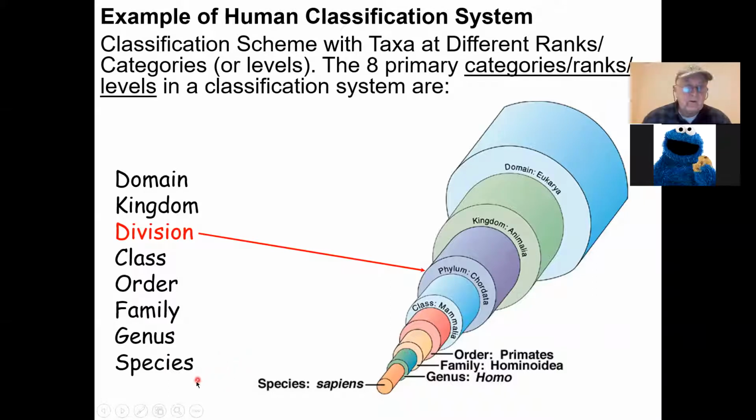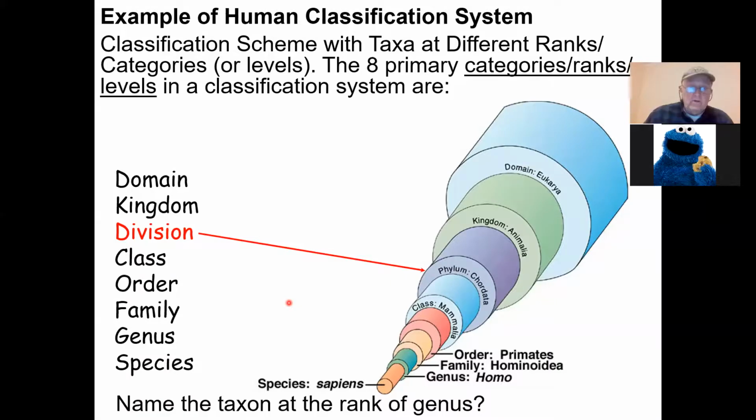You can define subspecies and varieties. But these are the primary 8 categories or ranks. And you can think about the infinite number of orders and families and genera that there are. The name of the taxon at the rank of genus here is Homo. That's you. You're in the genus Homo.